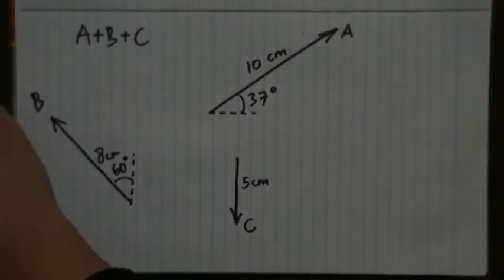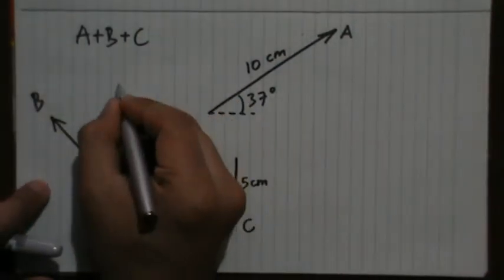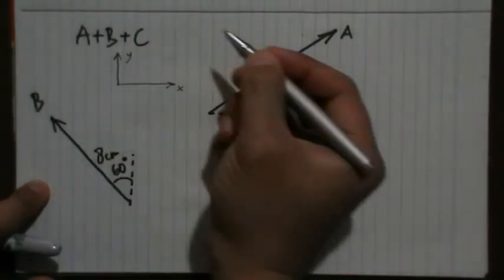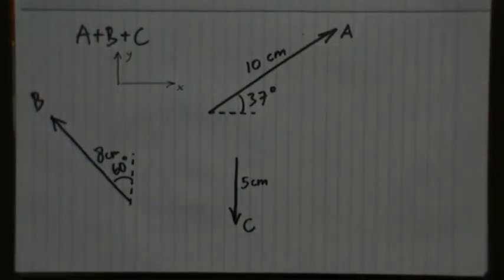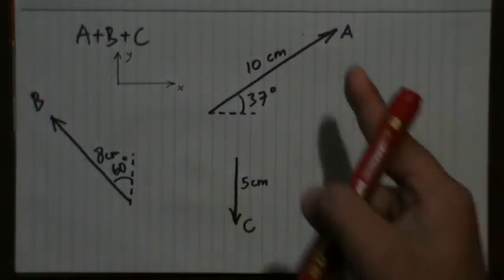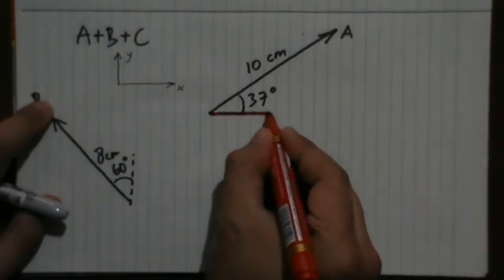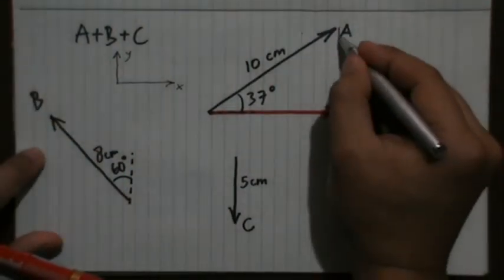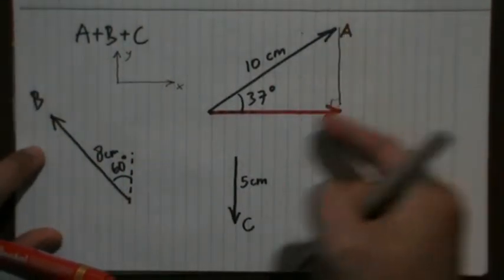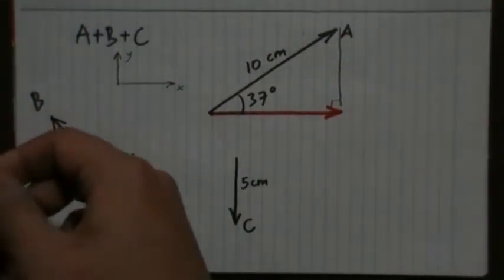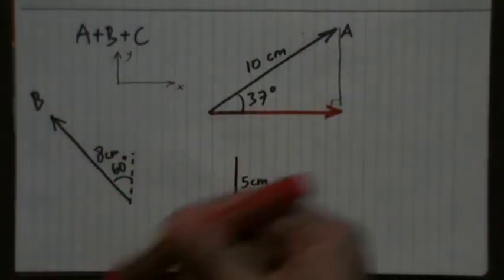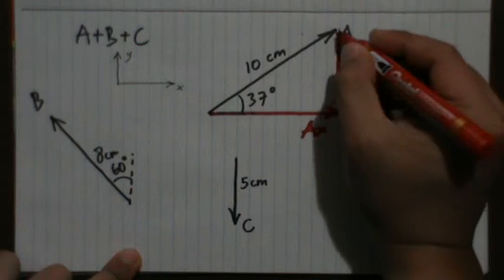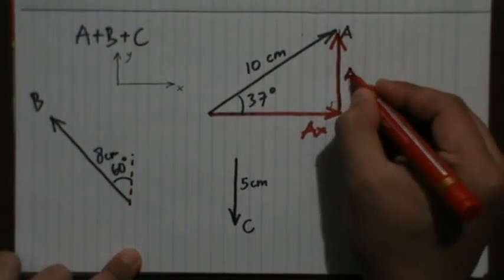Now, if we apply the x direction like this and y direction like that, you'll see that this vector has a component in x direction. So if you draw a right angle triangle here, you will get that A has AX and also AY.